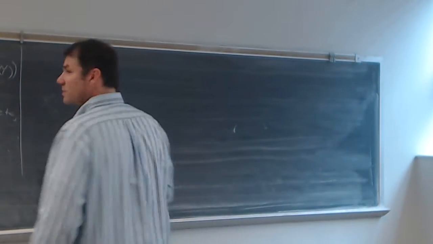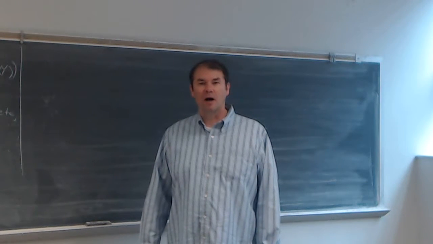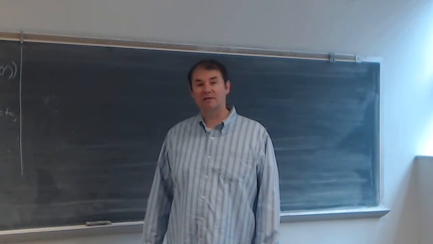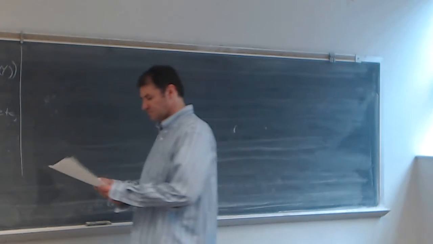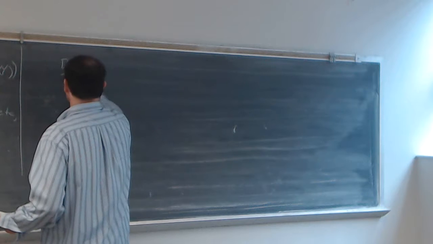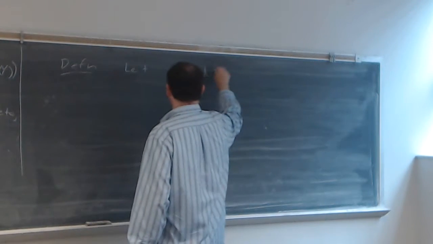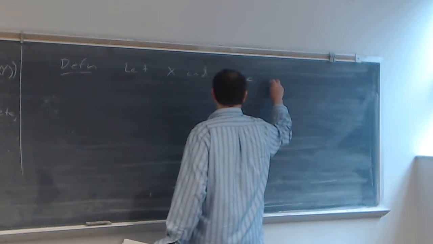Okay, the next thing we want to do is to define a new topic, sort of, based on the interplay between x and y. It's called the covariance of x and y. So here's the definition. Let x and y be random variables.